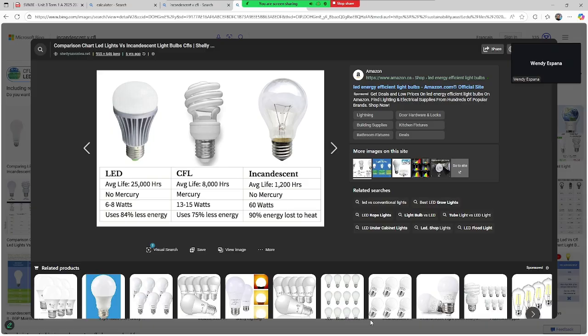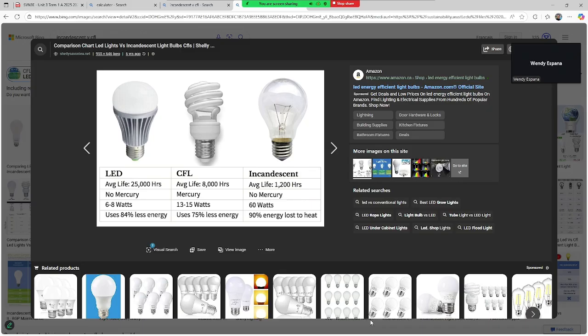Okay, so we have the incandescent is the one furthest to the right, and you'll see it lasts for about 1200 hours. It doesn't contain mercury, and it uses about 60 watts, and there's our 90% energy loss to heat. We said 95, but this one says 90, so it's about the same.